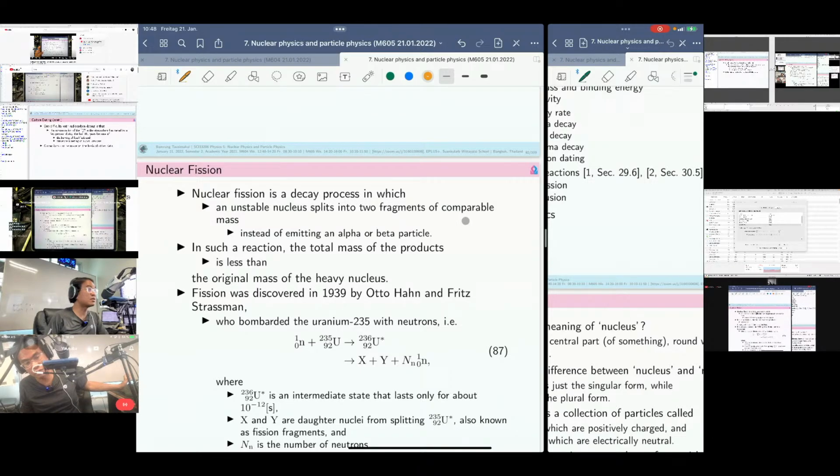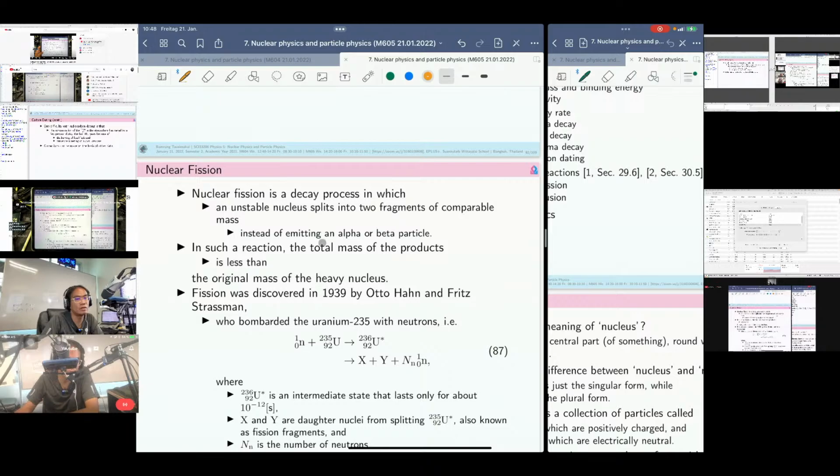Nuclear fission is the decay process in which an unstable nucleus splits into two fragments of comparable mass. You're going to see that one big nucleus is separated into two big nuclei, and those two nuclei will be further converted to another generation of nuclei.